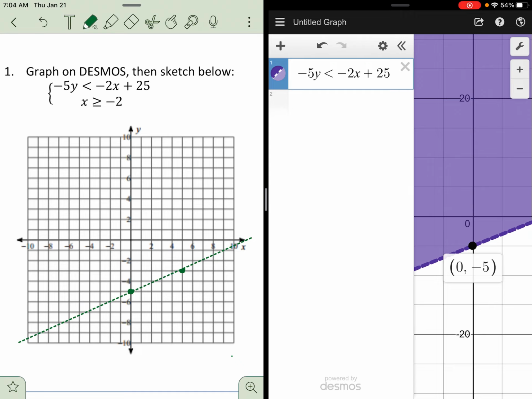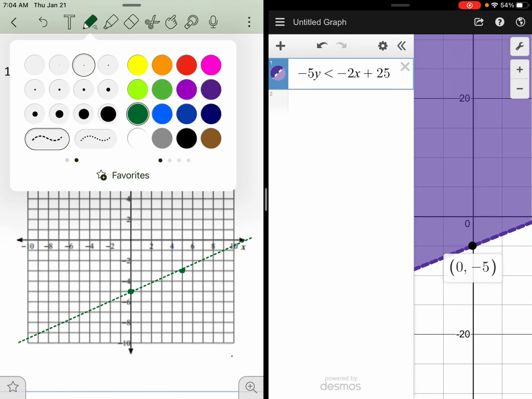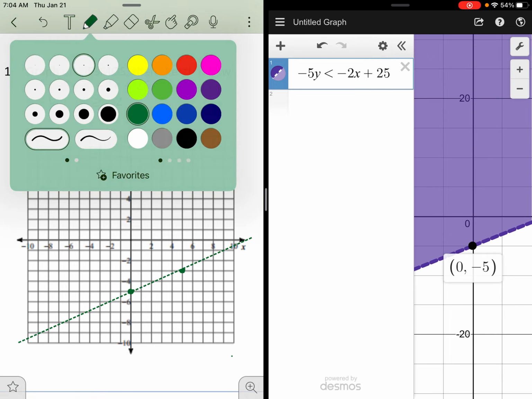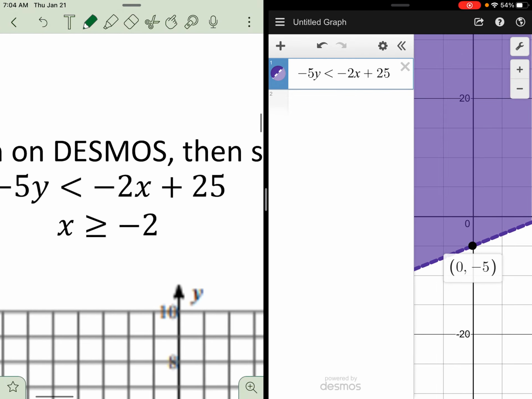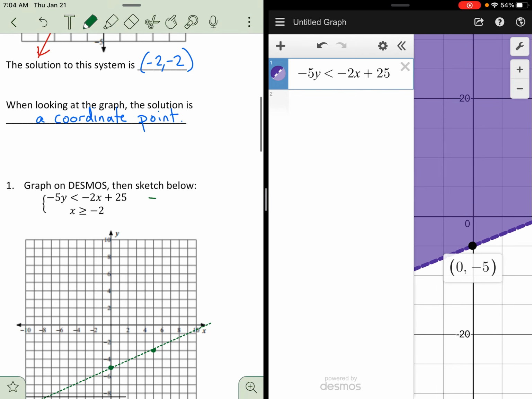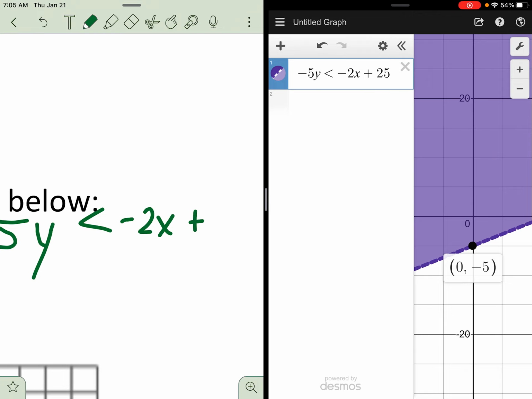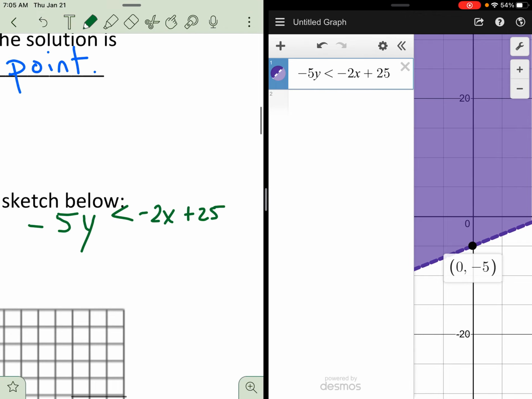And even though it's a less than symbol, we had to divide by a negative. So if we had done that, negative 5y is less than negative 2x plus 25, and I want to get y by itself to graph it by hand, I'd have to divide by a negative 5.